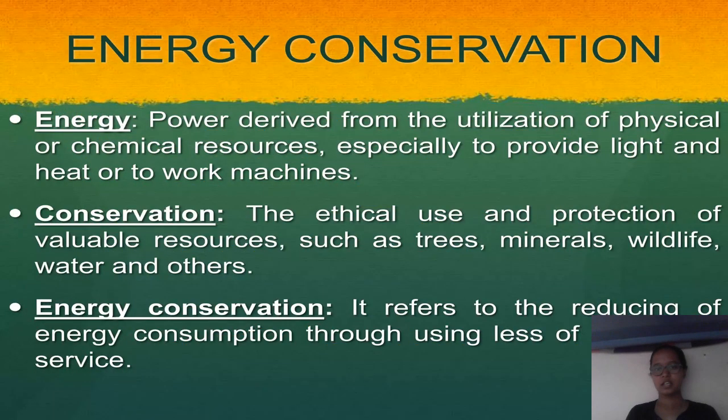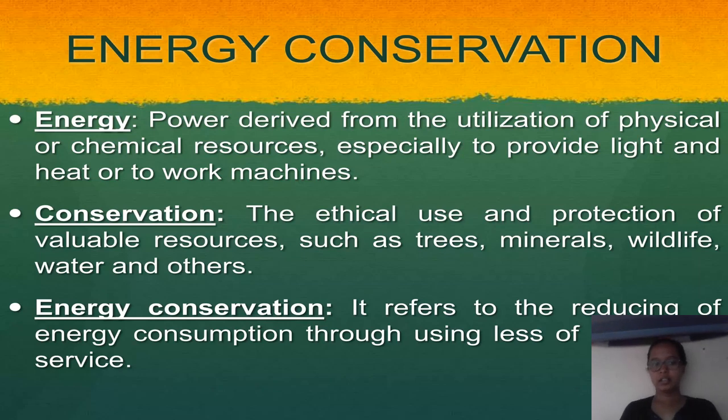So, first is energy conservation. Before that, let's learn about energy. What is energy? It's power derived from the utilization of physical or chemical resources, especially to provide light and heat or to work machines.